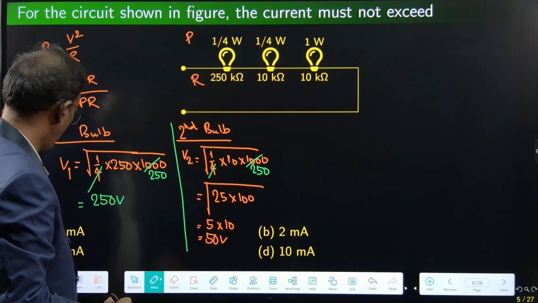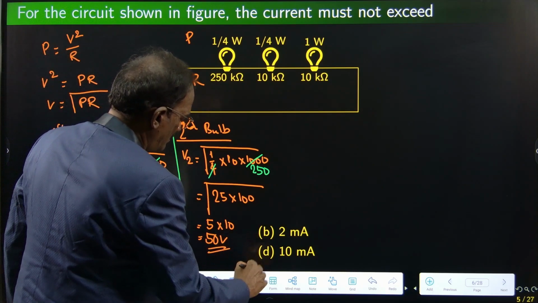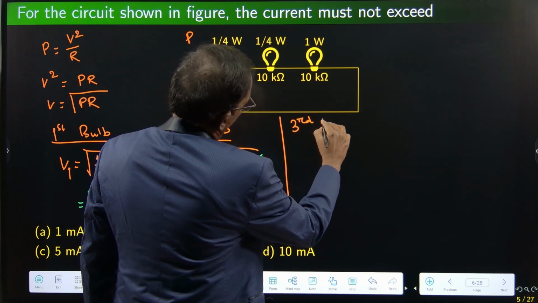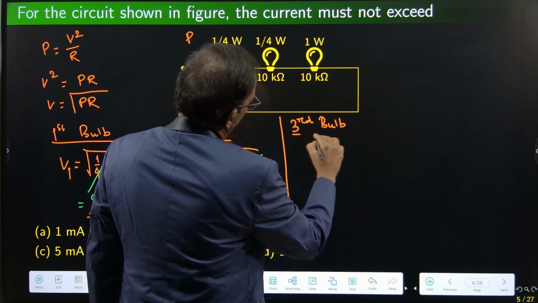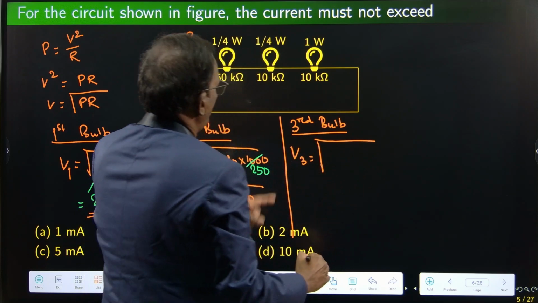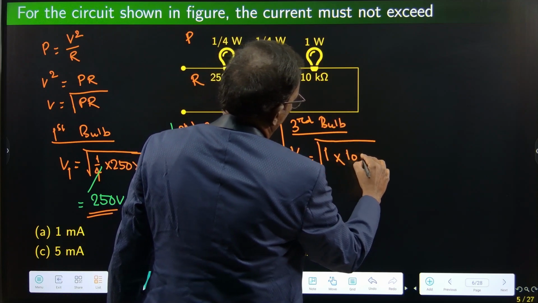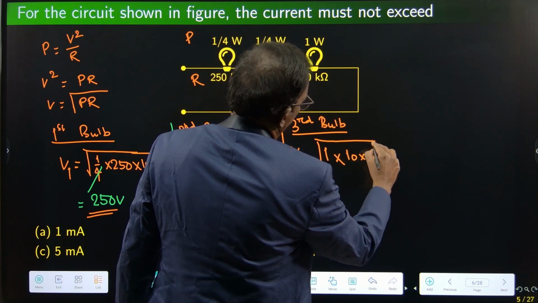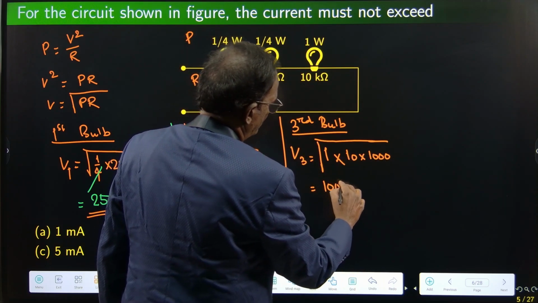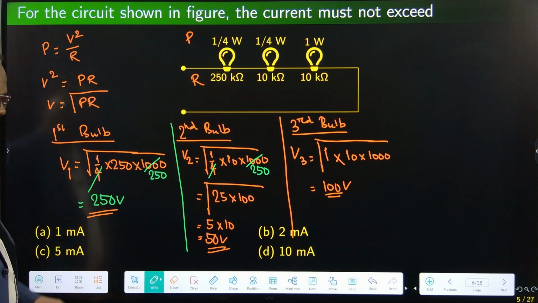So 50 volts. For the first bulb 250, second bulb 50. Then the third bulb, V3 is equal to square root of power 1 watt into 10K, 10,000, so 100 volts. V3 is 100, V2 is 50, V1 is 250.